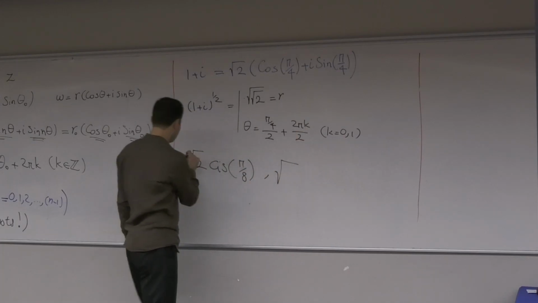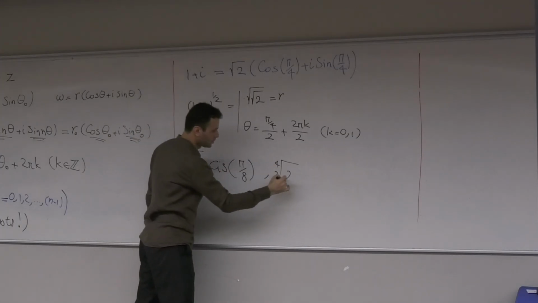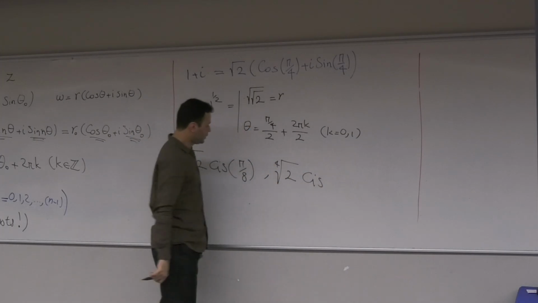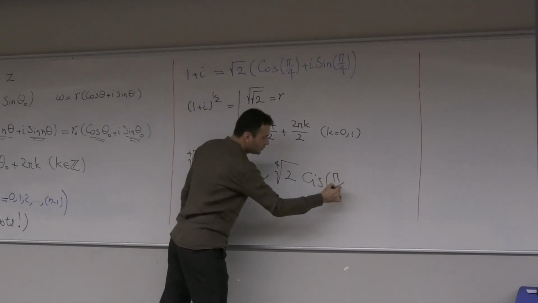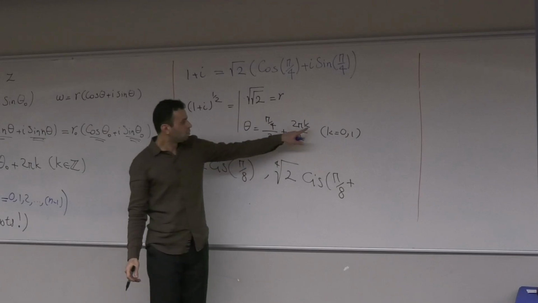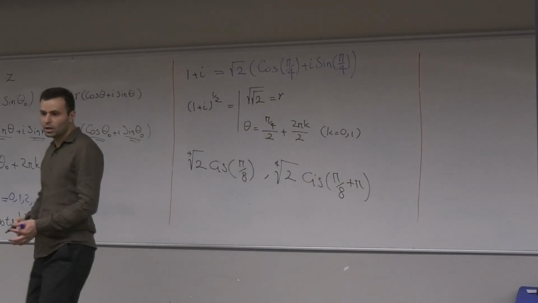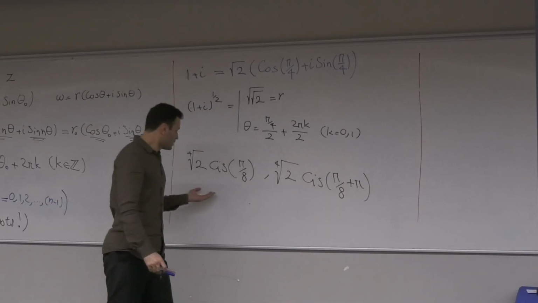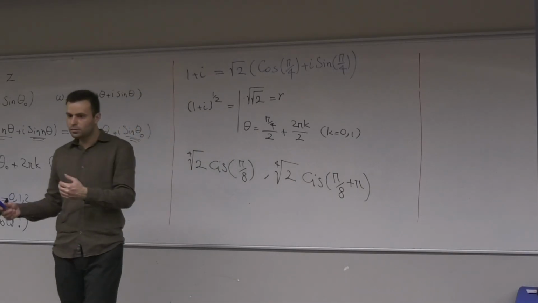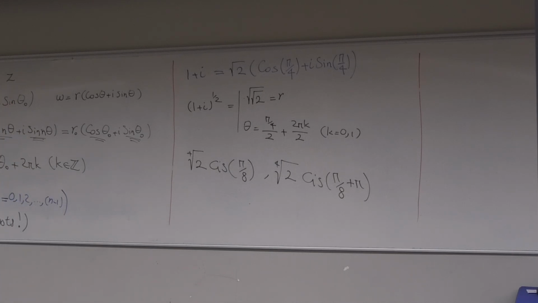And the other one is also square root of 2 CIS of pi divided by 8 plus pi. If you turn this into the standard form, you will see that they are going to be exactly the same numbers as what we have calculated with those long square roots of a plus square root of a squared plus b squared and this kind of things.